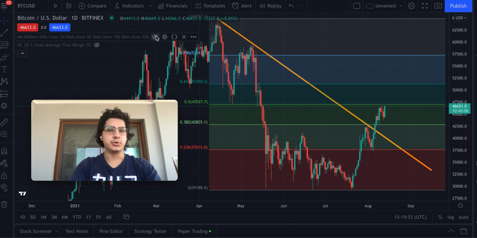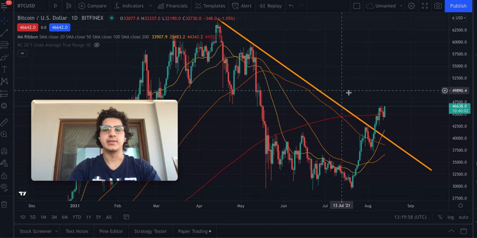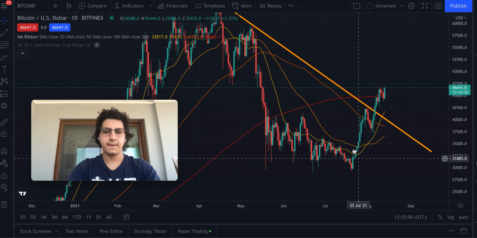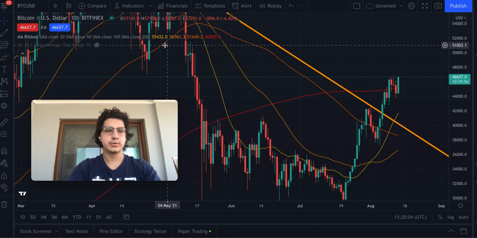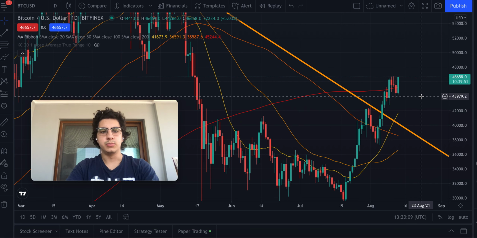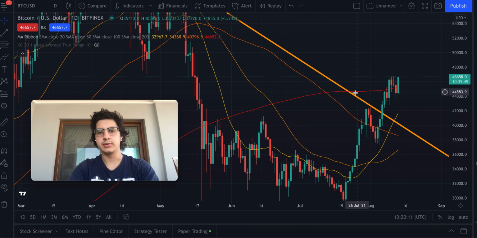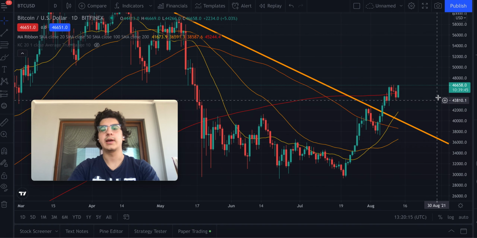Another thing I wanted to show you guys is the moving averages. This is the ribbon for the moving averages. Right now, if I bring it closer, these are the 20, the 50, the 100, and the 200 moving averages for Bitcoin. And right now, the 200 is on top because we had a huge movement down.